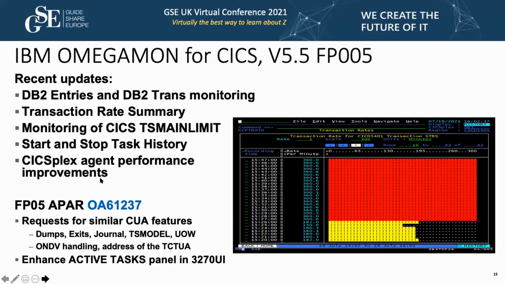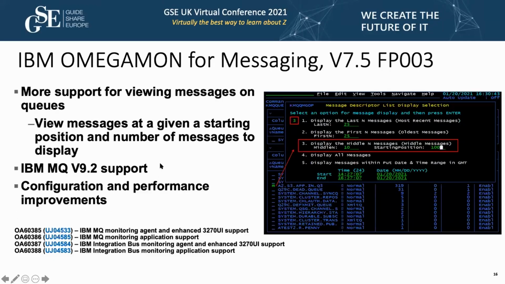For OMEGAMON for Messaging, FixPack 3, we've added some more support for viewing messages on queues. This is really kind of neat. You can give it a starting point and a number of messages to display, and you may have thousands of messages. And this will allow you to much more quickly get to the ones that you're looking for by time banding it or number of messages down in the queue and so forth.